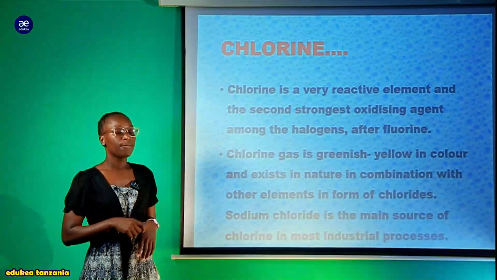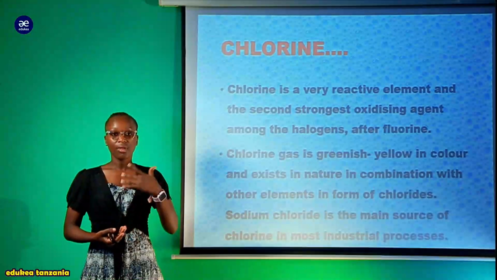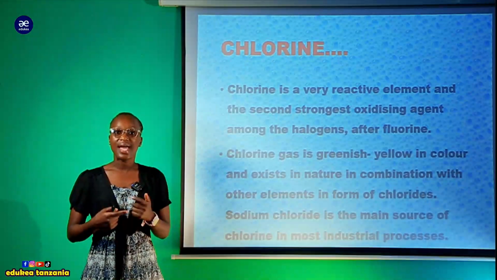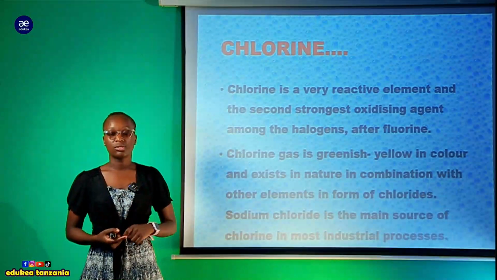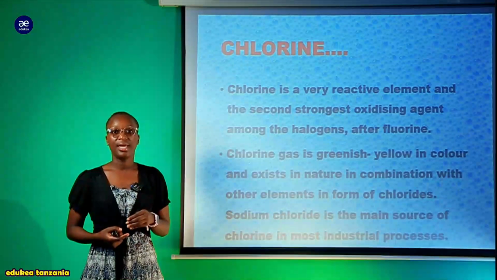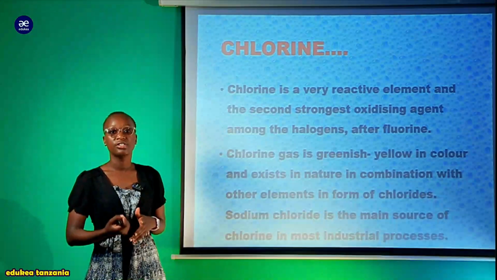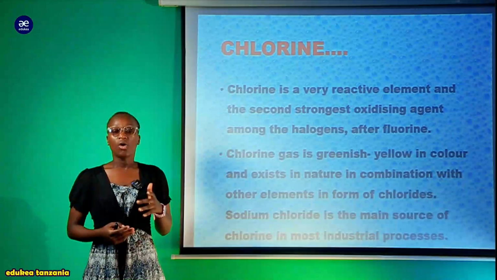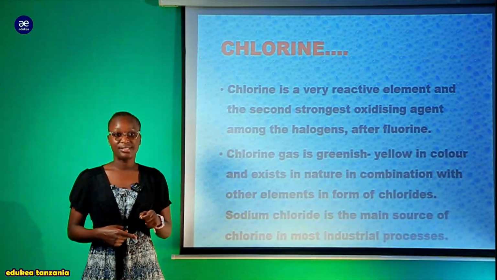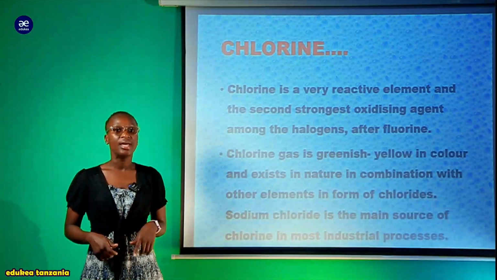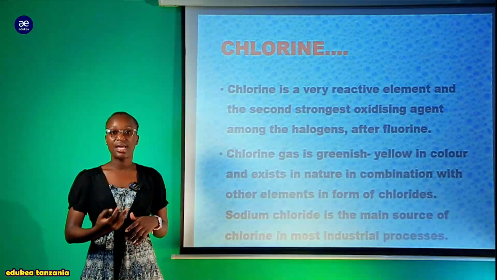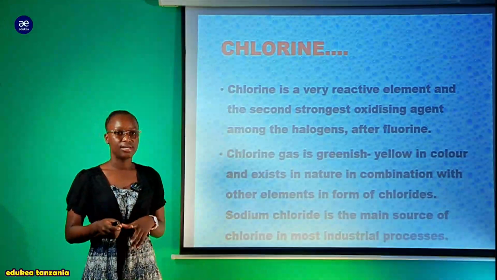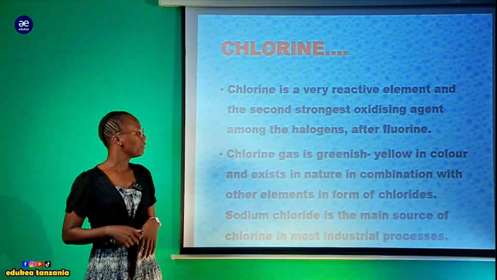So chlorine ni very strong oxidizing agent, na pia ni second oxidizing agent after fluorine, kwa sababu tuliona kwenye ile series ya group 7 elements or halogens, tuliona kwamba anaanza fluorine then anafuata chlorine. So kumbe akitoka fluorine ambayo ni first, anakuja chlorine.